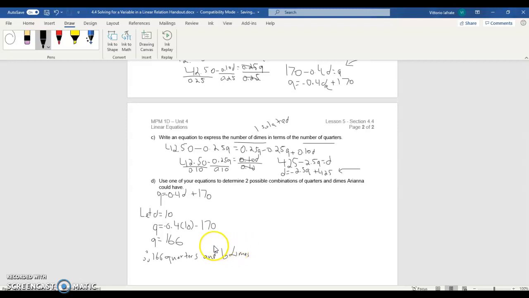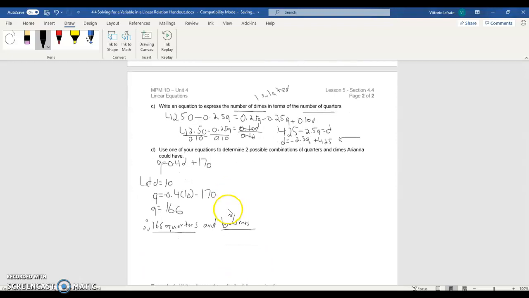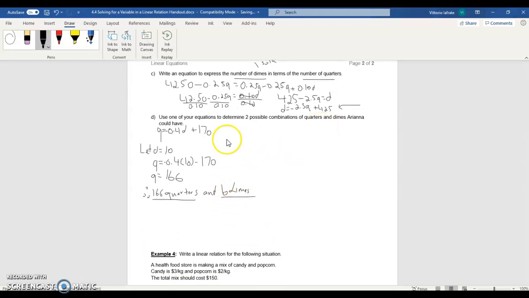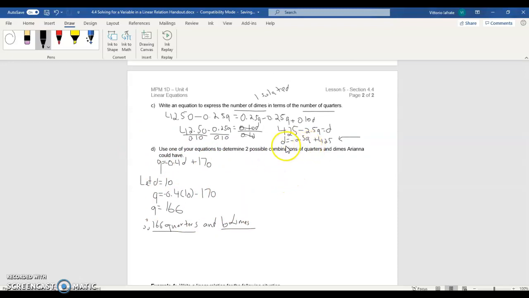So you can go back and verify to see if this combination actually adds up to Ariana's total, which was $42.50. What I recommend you do is you try this same sort of problem, but use the other equation, use this one over here, and use the number of quarters being 166 to see if you end up with 10 dimes.